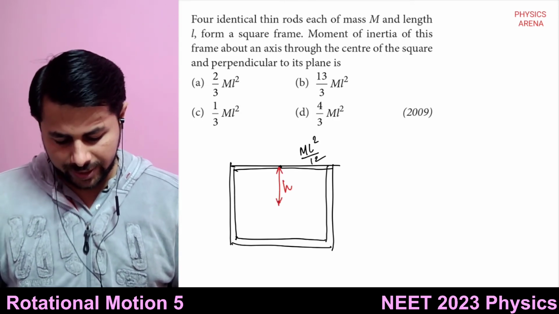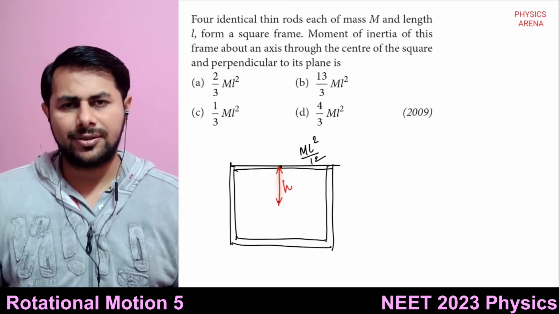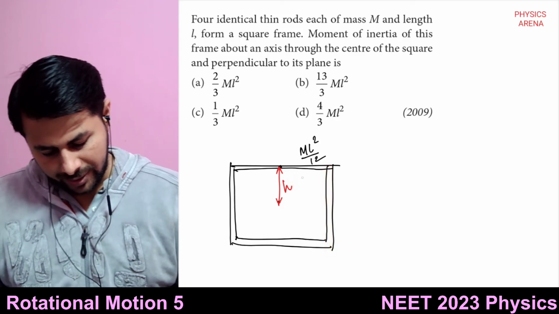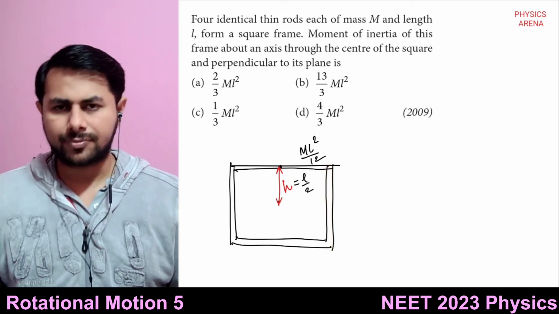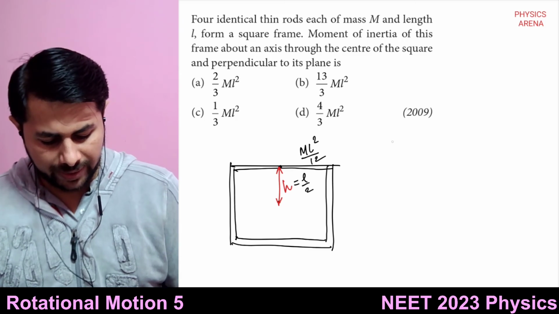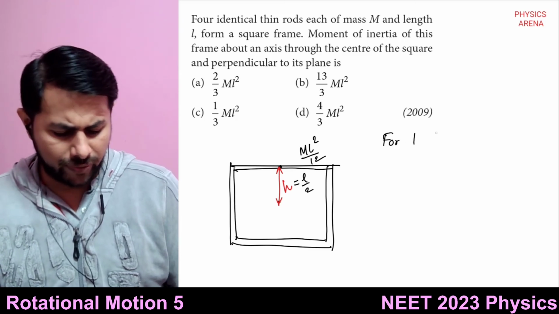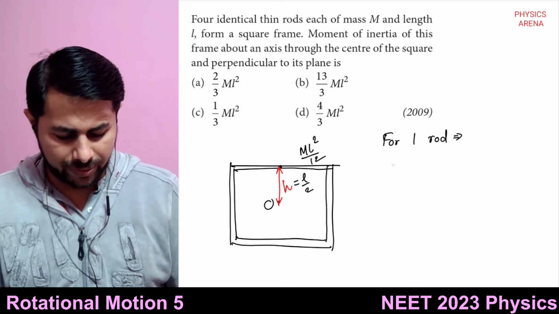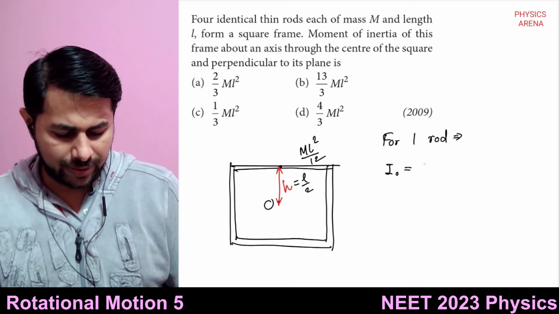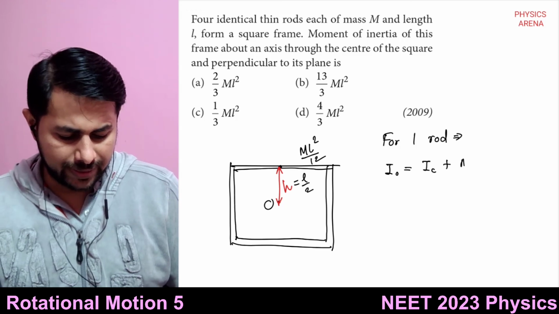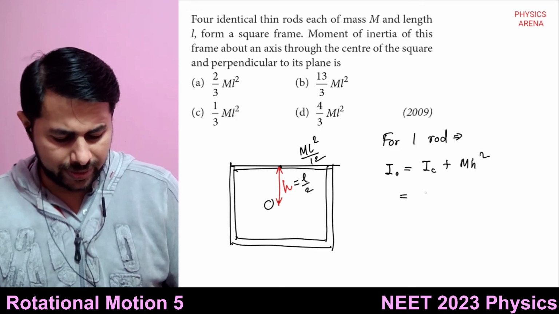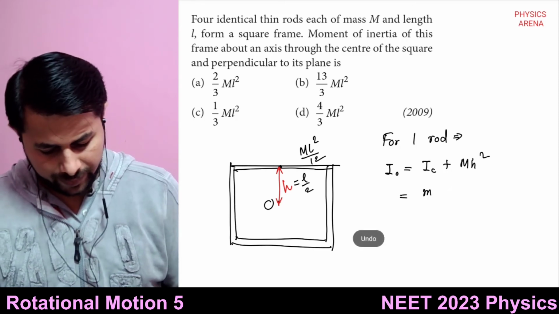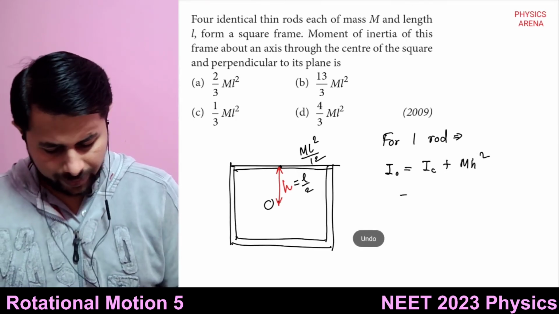So this distance is h. How much will this distance be? If this length is l, this distance will be l by 2, right? So for one rod in the frame, let's call this point O. IO is equal to IC plus Mh square, where M is the mass.